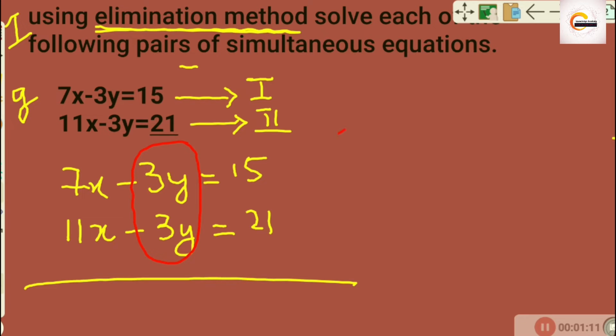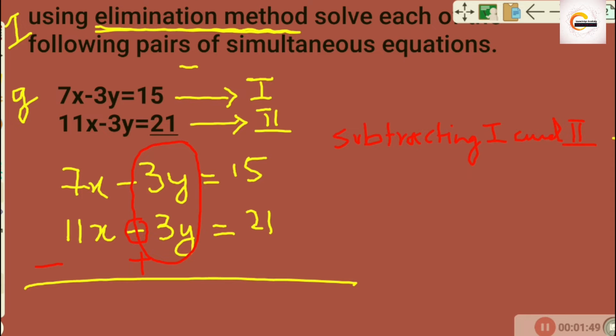What we are going to do is subtract equations 1 and 2, because when we subtract, the signs will change in the other equation. Here it was a plus sign, now it's negative. Here it was negative, now it's plus.